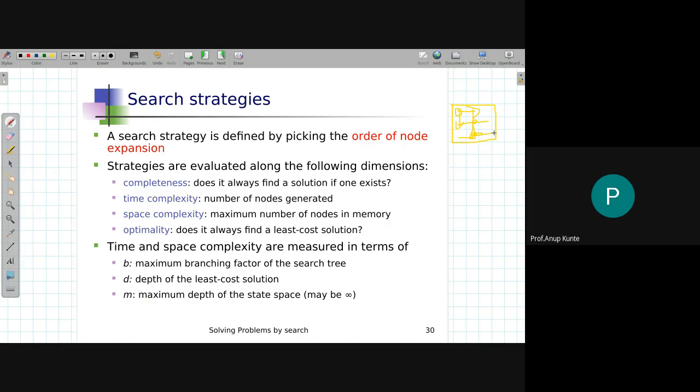So my branching factor can be either 2, 3, or 4. So I have 3 different values of branching factor for this particular problem. What is the maximum branching factor that I have? That is 4. So this is the maximum value of the branching factor, and b for this problem would be 4.